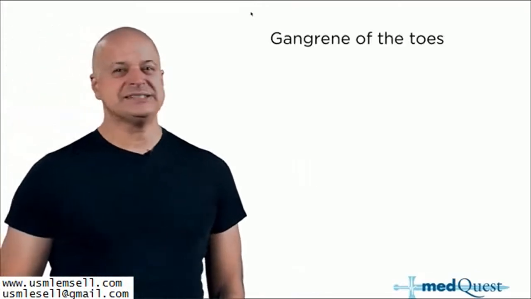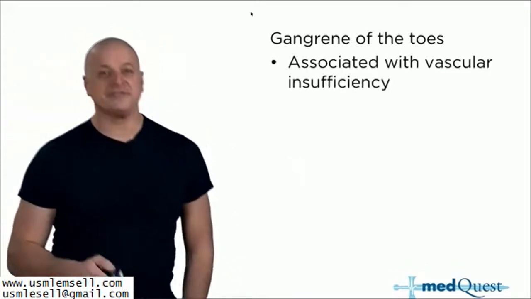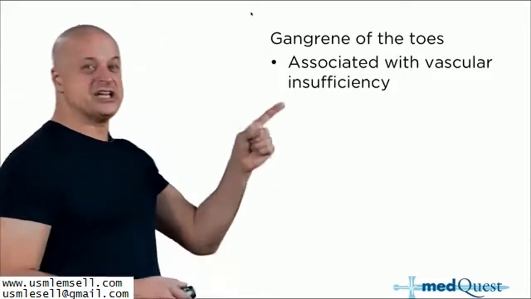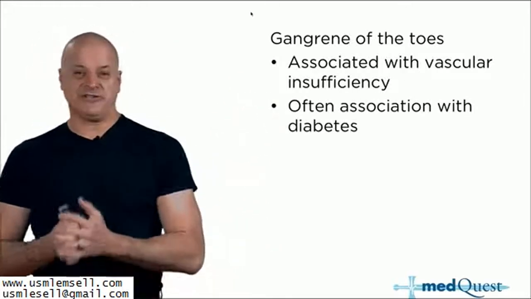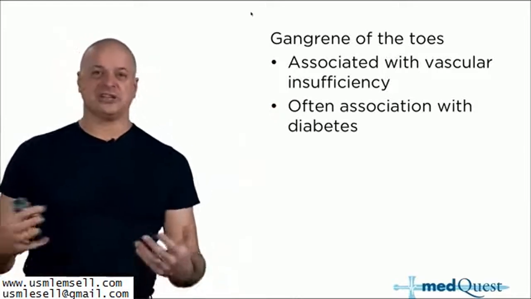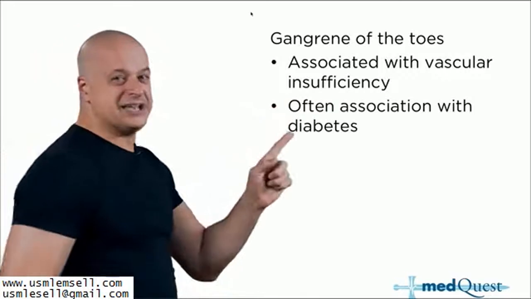It won't reverse what's happened unless you catch it really fast, but this is gangrene of the toes, which is exclusively from vascular insufficiency, in particular in people who have diabetes, who are very prone to vascular insufficiency.